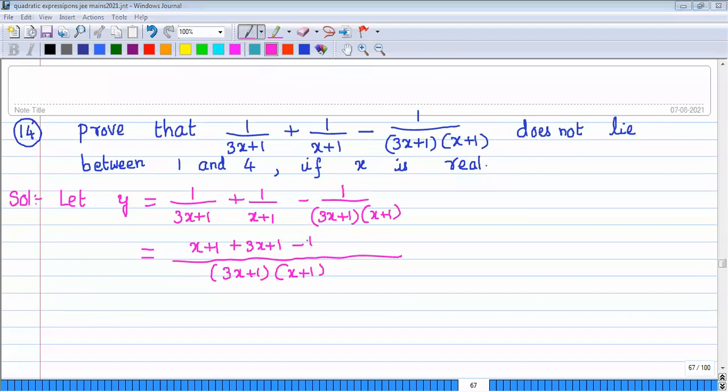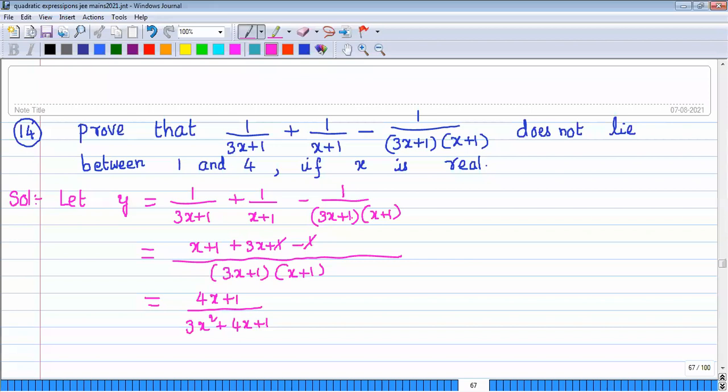See, negative 1 and 1 will cancel out. We have 4x plus 1, because 3x plus x is 4x, and 1, divided by 3x into x, 3x square, 3x into 1, 3x, 1 into x, x, 3x plus x, that will be 4x. So now 1 into 1, 1.